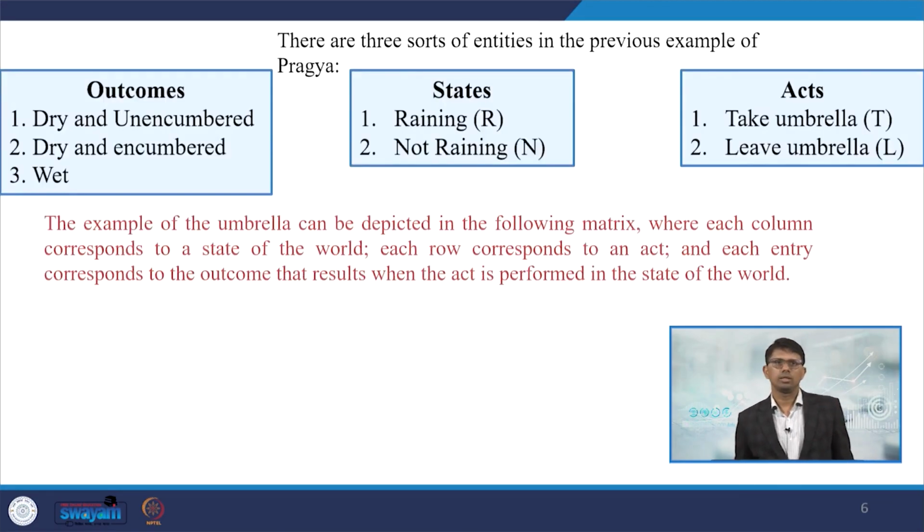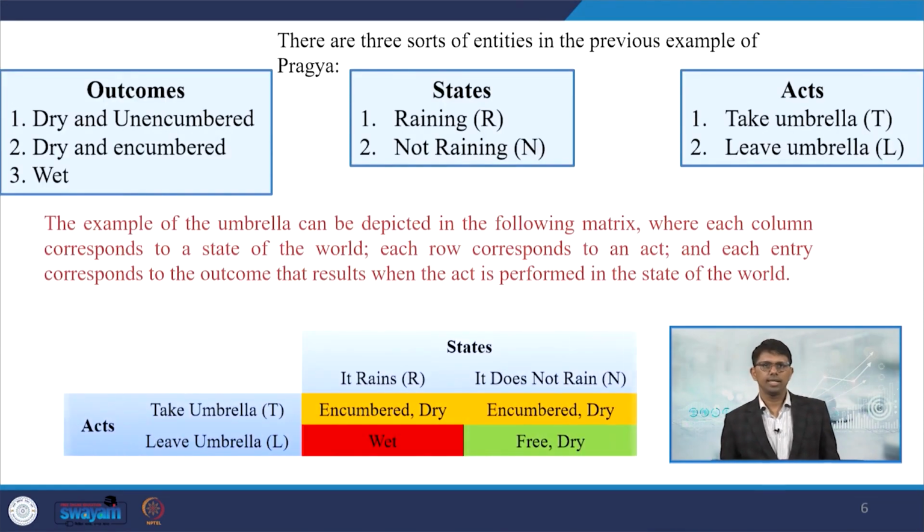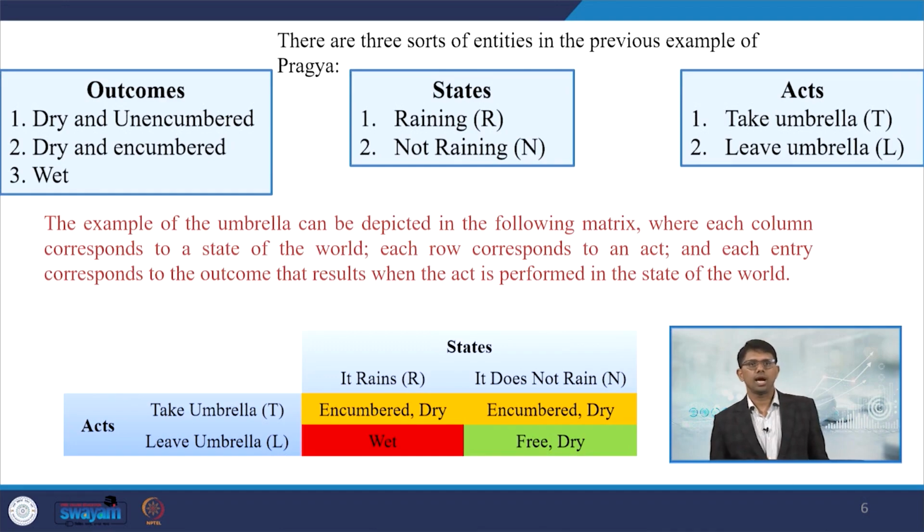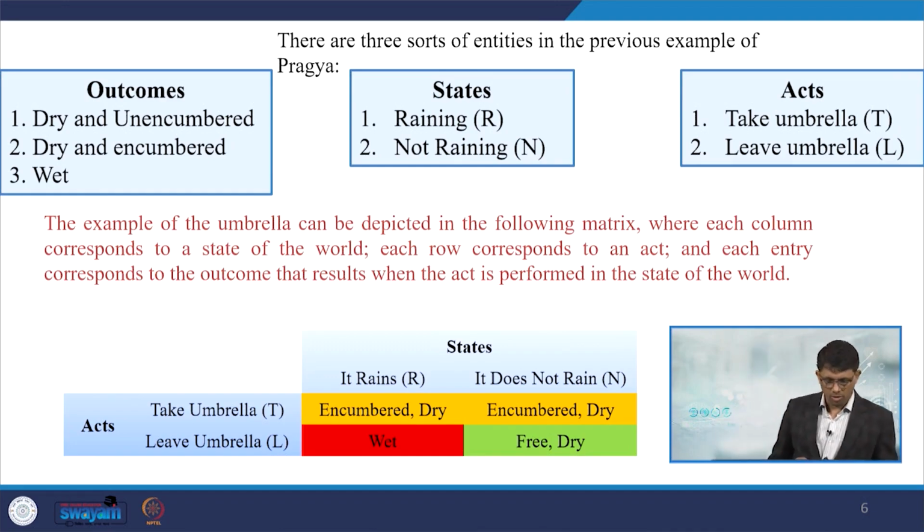There are three sorts of entities in the example which you have just cited. One is outcome. Outcomes are either dry and unencumbered, dry and encumbered, or wet. There are three possibilities in terms of outcomes. The states are either raining or not raining.